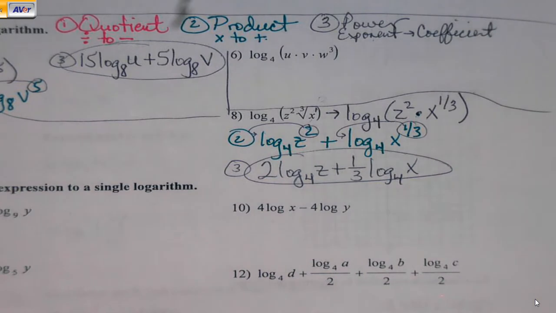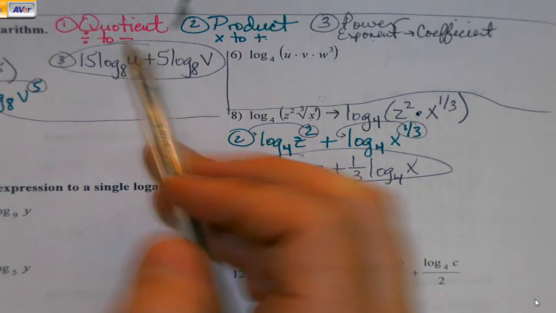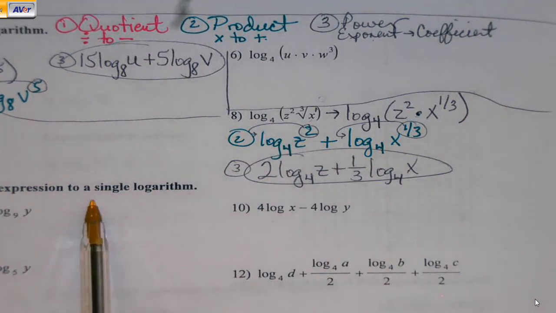But it's like anything else. I've got to get some practice with it for it to start making more sense. And I'm going to have some falls and some struggles here and there until we start to get that locked down. Now, as I was saying at the beginning of this, these same 3 things are going to be going on when we get down to condensing, except they're going to go in the opposite order.